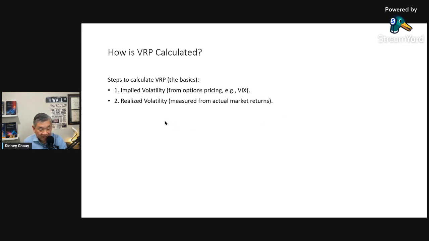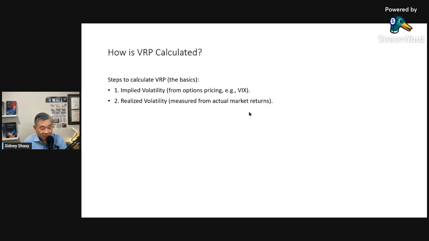The VIX already does the job for us of calculating the implied volatility of options expiring in the next 30 days or so. It's not exactly 30 days; it's a little range around 30 days, and I believe it's 18 days to 28 days, something like that. I don't remember exactly, but for all purposes we can consider 30 days.